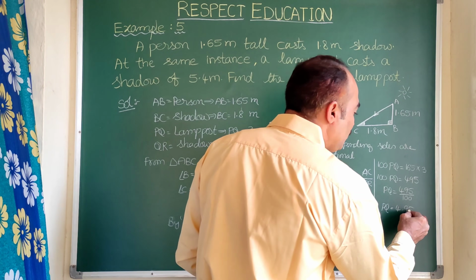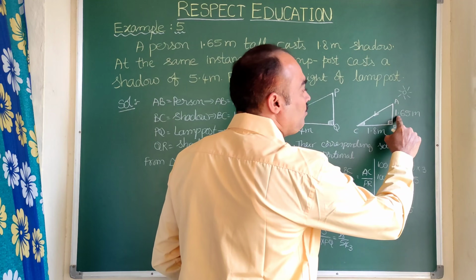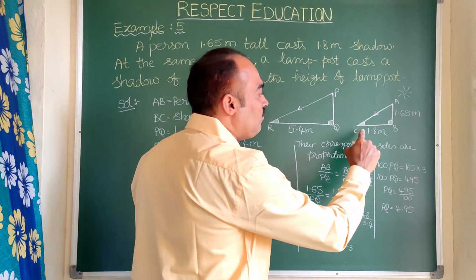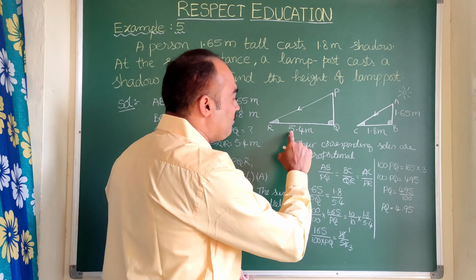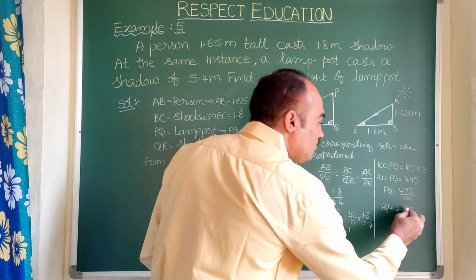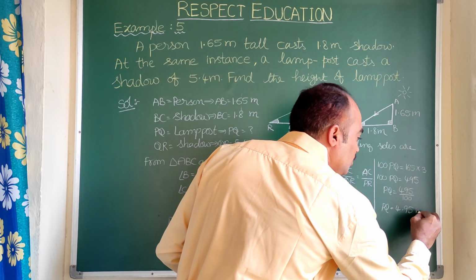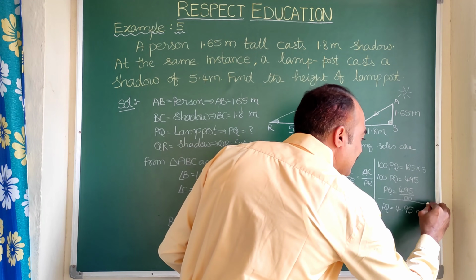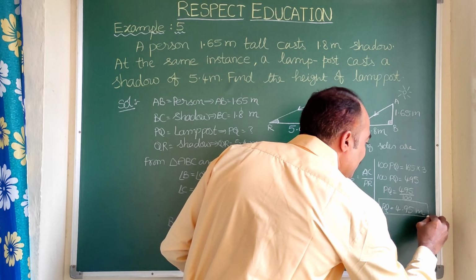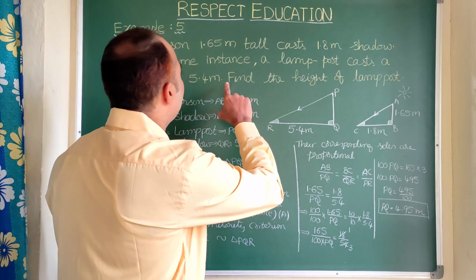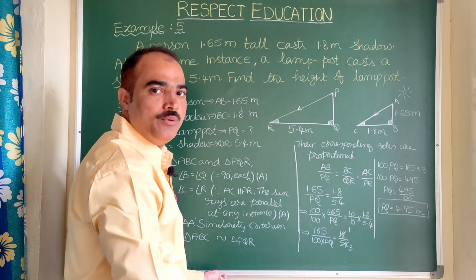What about the units? Here you observe 1.65 is in meter, 1.8 is in meter, 5.4 also is in meter. So 4.95 should also be written in meter. Let us see the question: find the height of the lamp post.